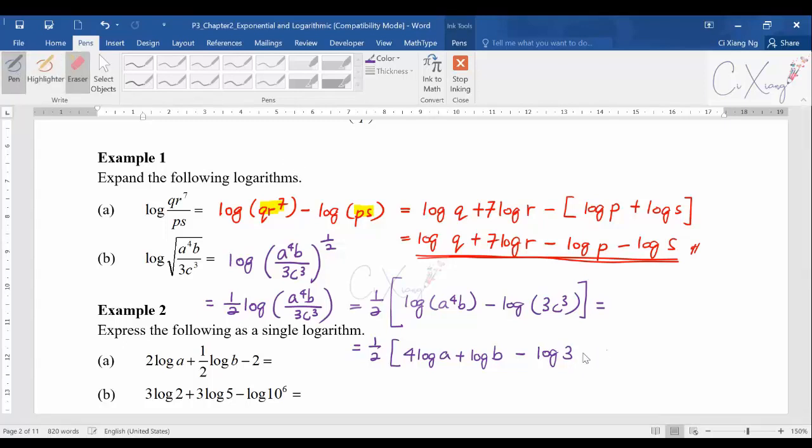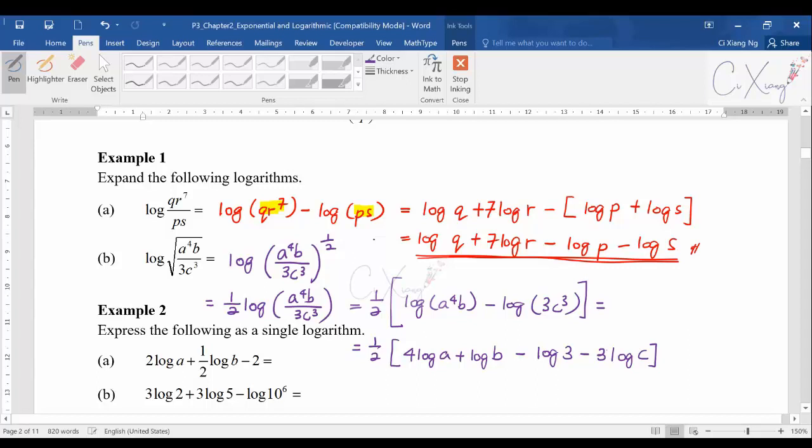Okay, so here I skip some steps. So you're having 3 log c. Then if you want, you can multiply the half into every single term here, then it will become 2 log a plus half log b minus half log 3 minus 3 over 2 log c.